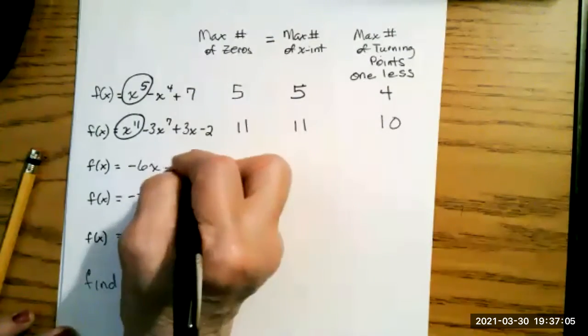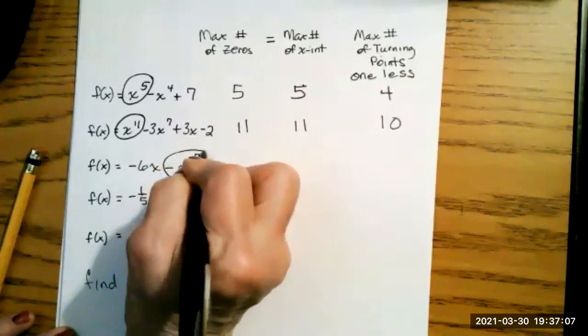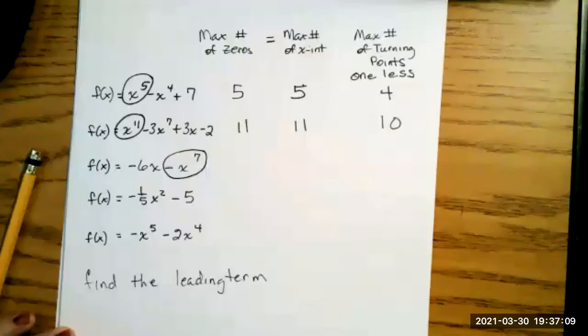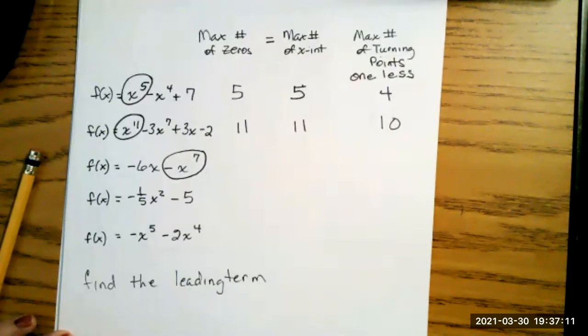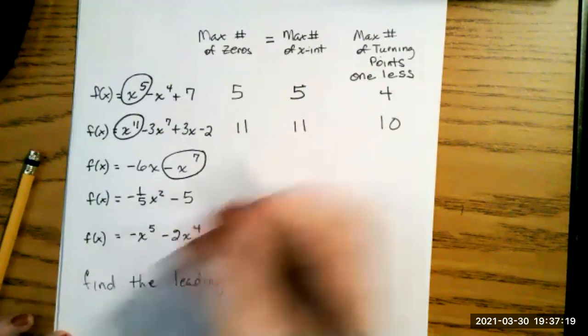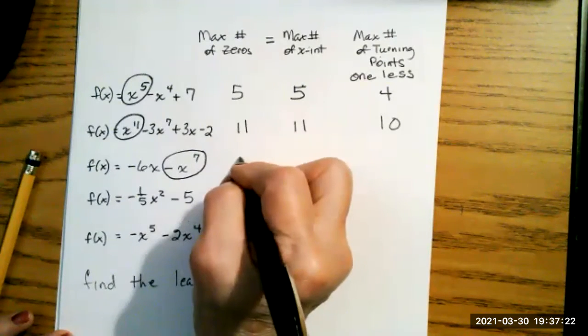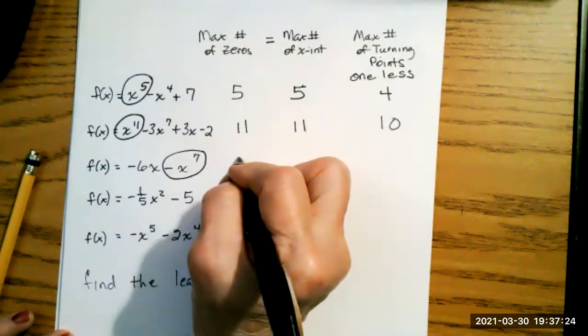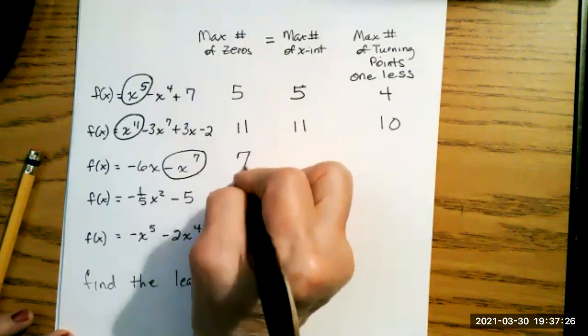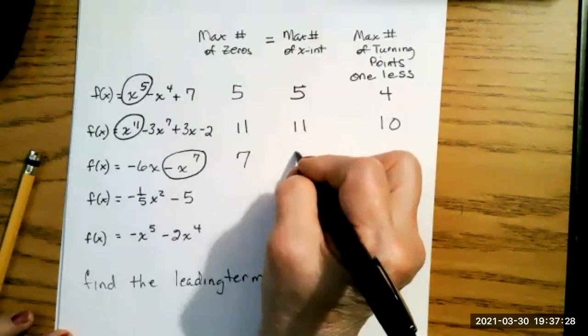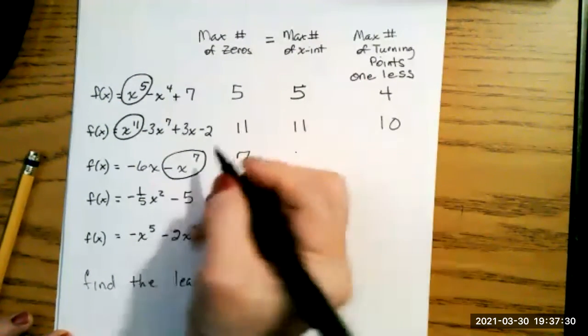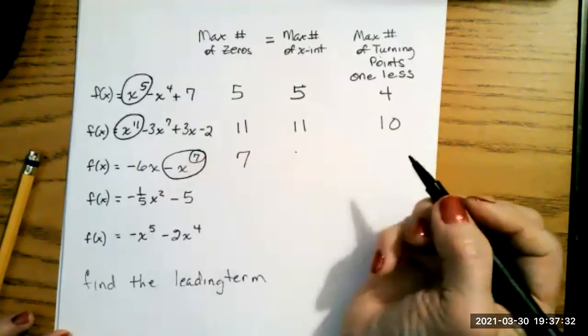Okay, it looks like x^7, negative x. Okay, so that was going to be my first question, if I had to go in descending order or not. But so if it's negative x^7, then the maximum number of zeros is going to be 7.